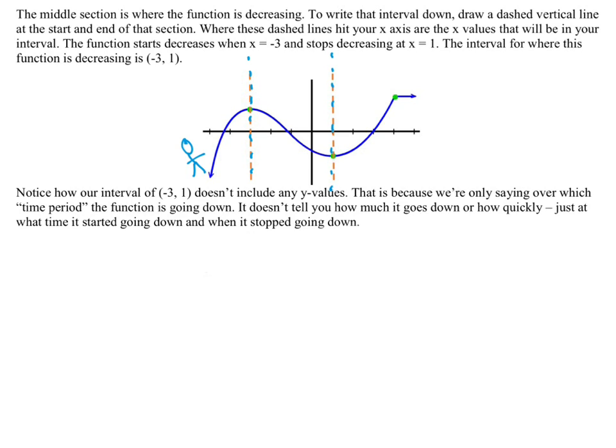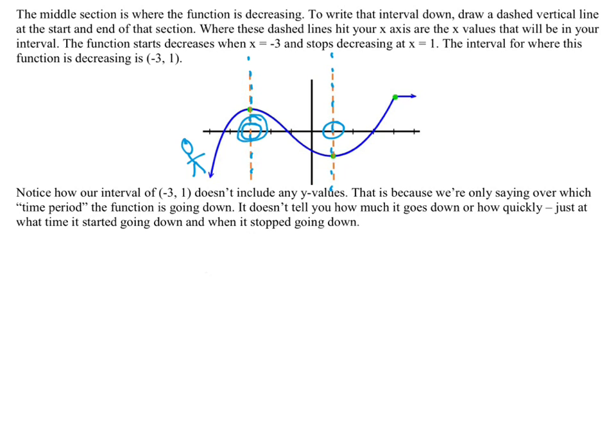The reason you're putting a vertical line is so you can figure out what the x values are for which this is happening. And if you think of x as your time, this is backwards in time, and this is forwards in time, and right now is your y-axis, or when x is 0.